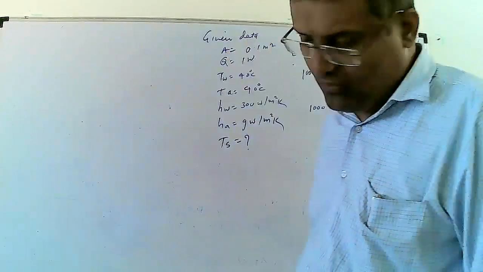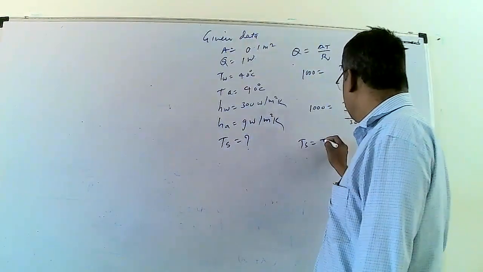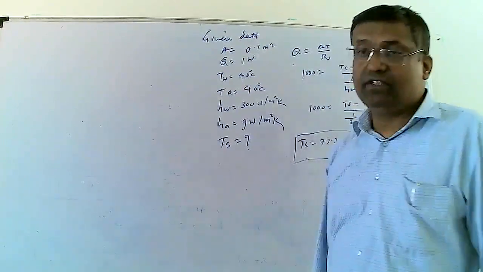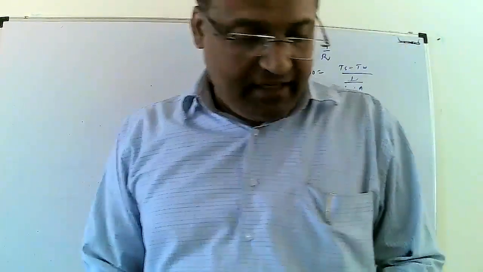Then from the above equation we find the value of TS, 73.33 degrees Celsius. This is the surface temperature for water.